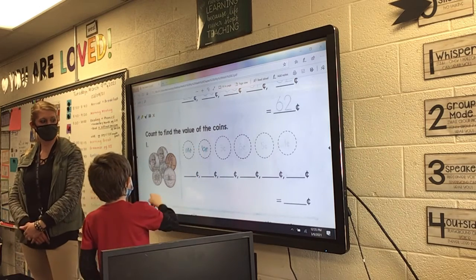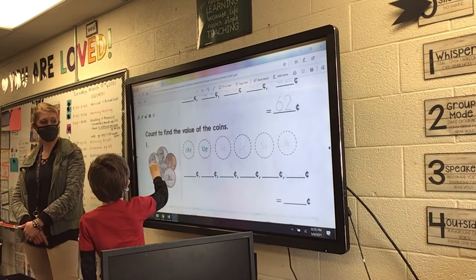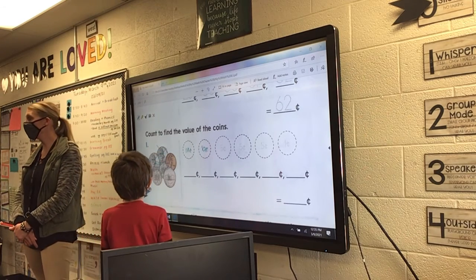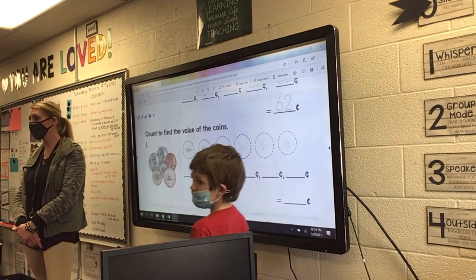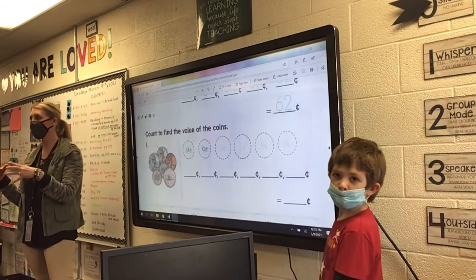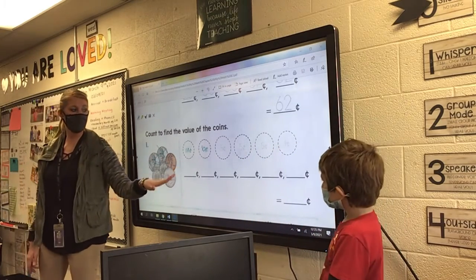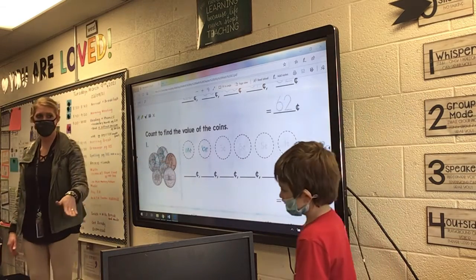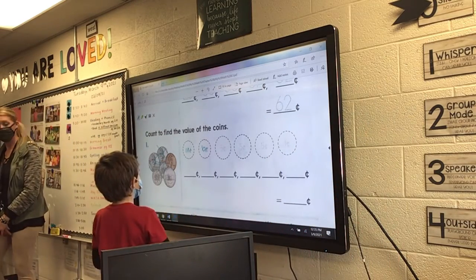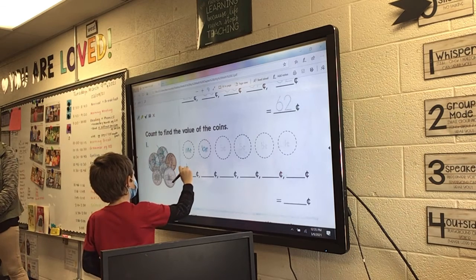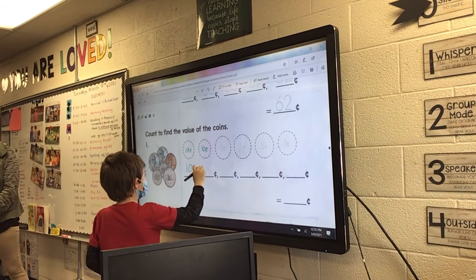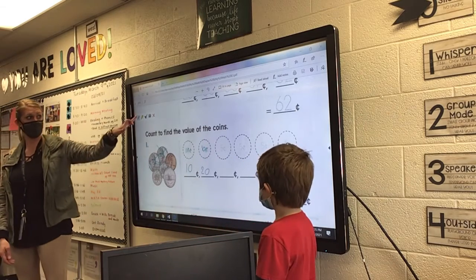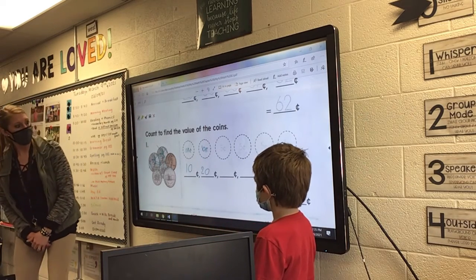And then can you cross off your 2 nickels? Okay, so cross off your 2 nickels. That's a good skill to remember to do. Cross off those ones that you've already counted. Now, John, if you have 2 nickels, how would we write that if we're counting on? Good. 10, 20. Do you want to do the next one? Dimes. Okay.